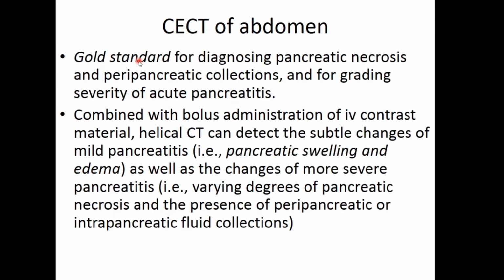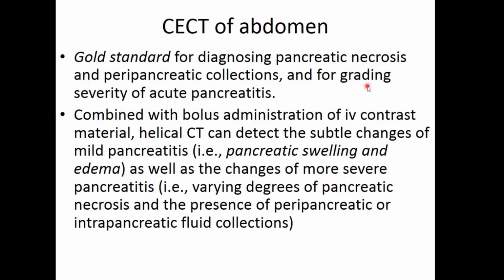So CECT, like I have already stressed, is the gold standard for diagnosis of pancreatic necrosis and peripancreatic fluid collection, and also there is a sort of formula or prognostic indicator which is known as Balthazar's criteria. You need not remember it. If you can remember the name, very good. But as far as you being undergraduates, you don't really have to know about Balthazar criteria.